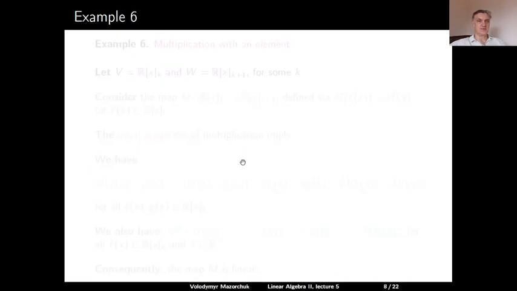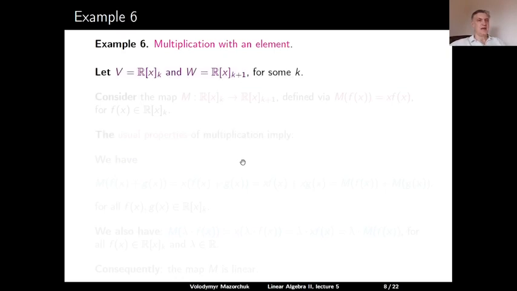Example 6. Multiplication with some element in the polynomial algebra. Let V be the vector space of all real polynomials of degree at most k, and W be the vector space of all real polynomials of degree at most k plus 1 for some k.